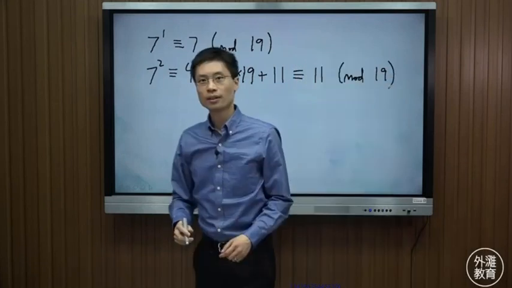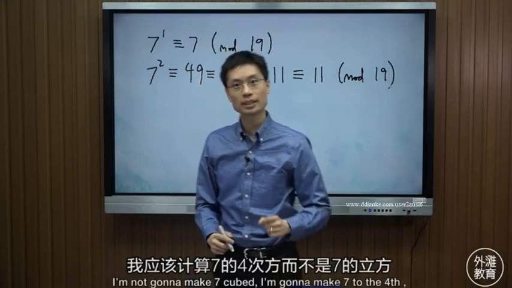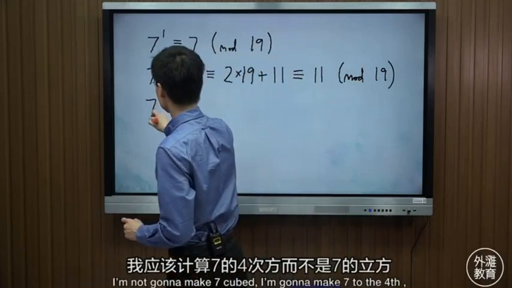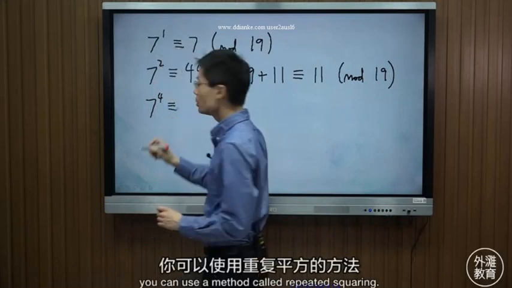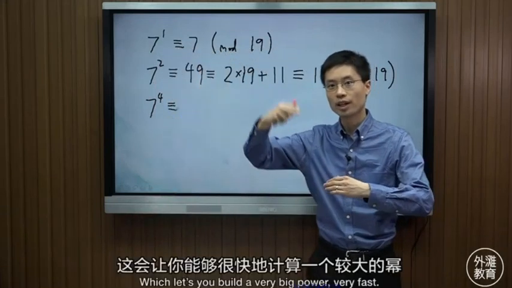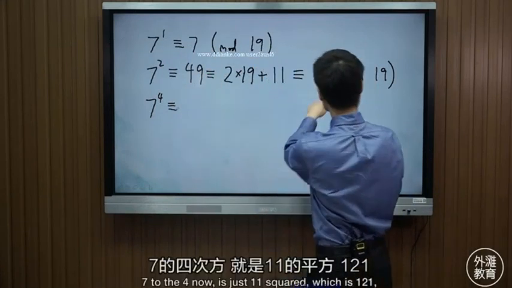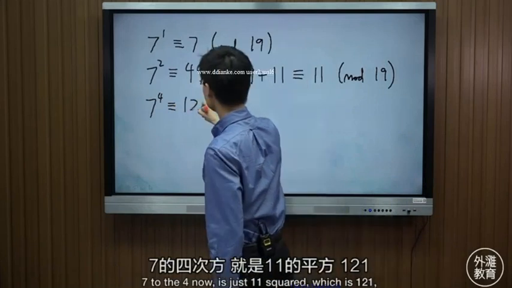Okay? Instead of doing 7 cubed, I want 7 to the 17. I'm not going to make 7 cubed. I'm going to make 7 to the 4th. You can use a method called repeated squaring, which lets you build a very big power very fast. 7 to the 4 now is just 11 squared, which is 121.